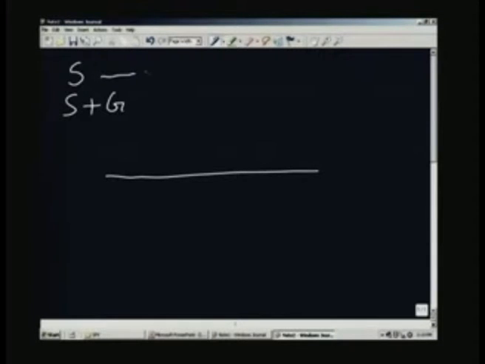Suppose I have a detector D1 for this, a detector D2 for this. That means that I am able to look at the source directly, and I am able to also look at the source through the gas. So, this is direct view. I will explain how it can be done in a simple way. This is through gas.